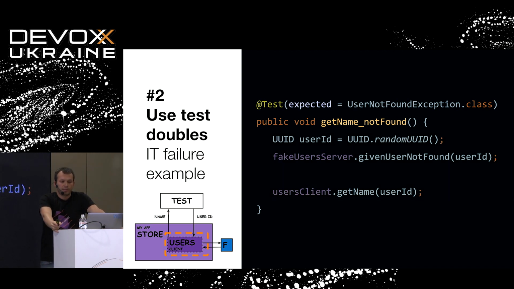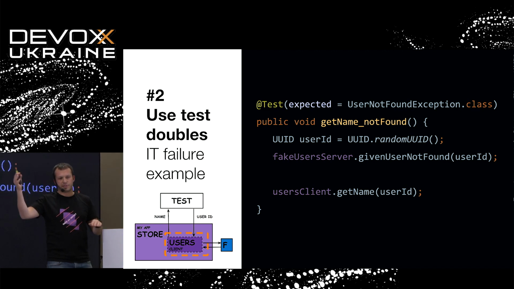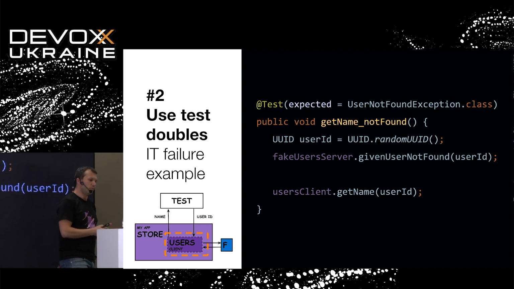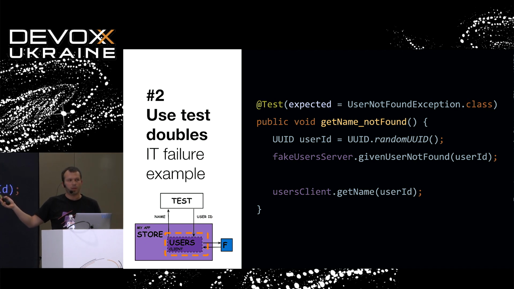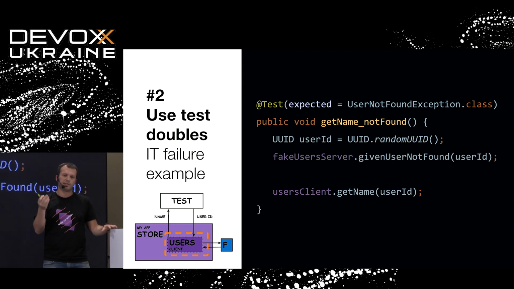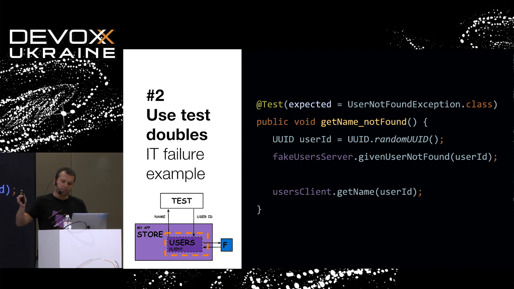Now, it's important to note here that it's a mock, and we are not sure how the real server behaves, but we assume that, for example, in this case, it returns HTTP 404. But it also might return HTTP 200 with a payload that says the user is not found. So we read the docs and we implement the way we think it should work, but it's not assured.